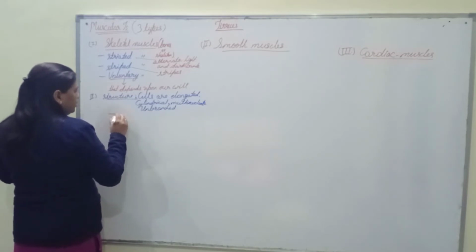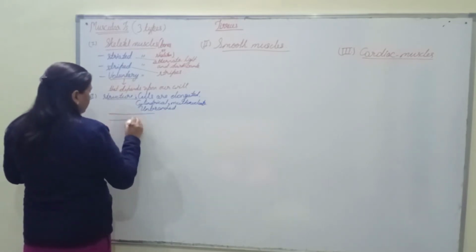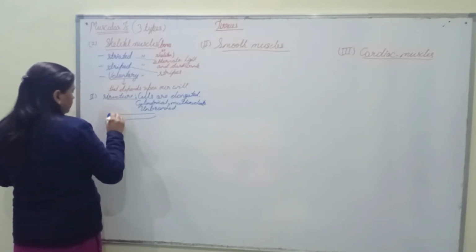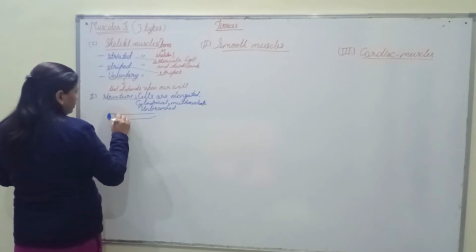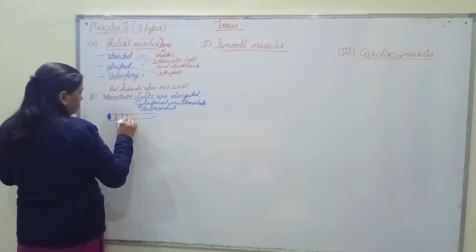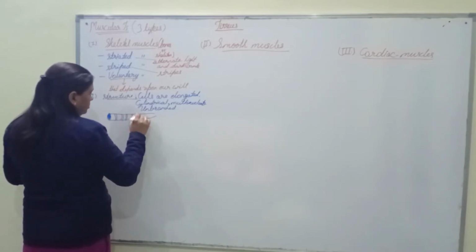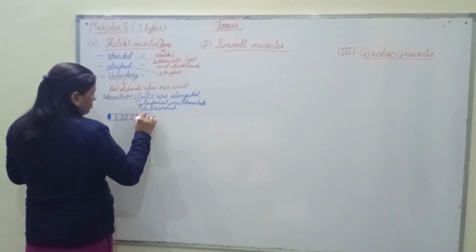If we make the diagram of cells of skeletal muscles, these are elongated and these are the stripes, and alternate striations are also present inside this.